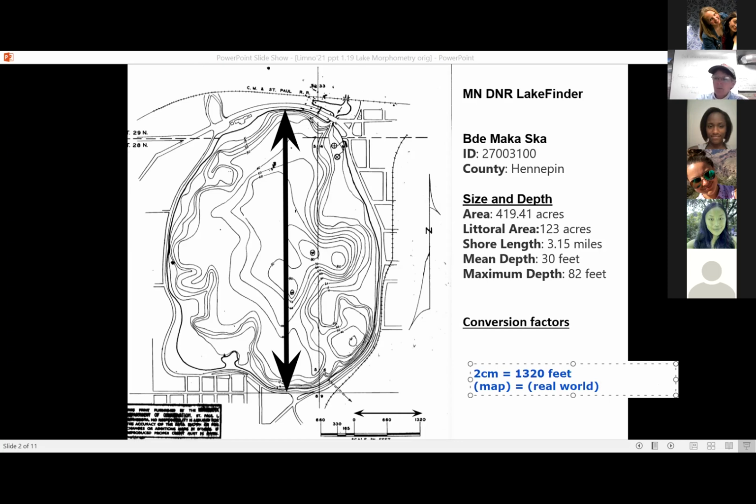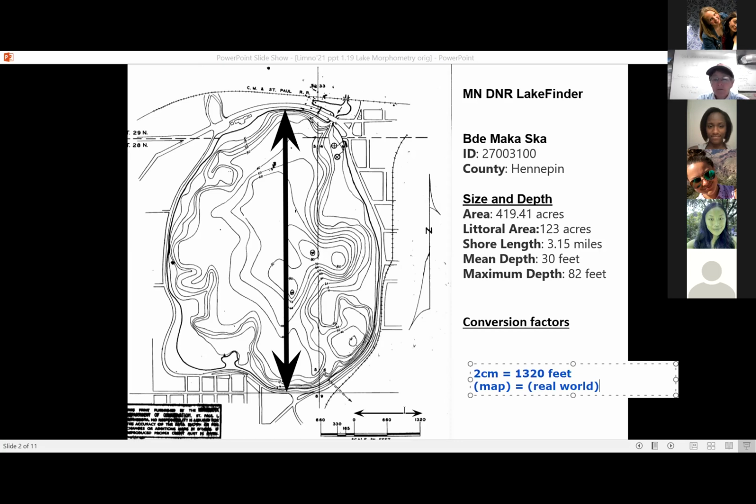So on a paper map like this, or any kind of map like this, you would measure the distance across the length of the lake in whatever units your ruler is using, like millimeters or centimeters, and then determine your conversion factor using the map scale.